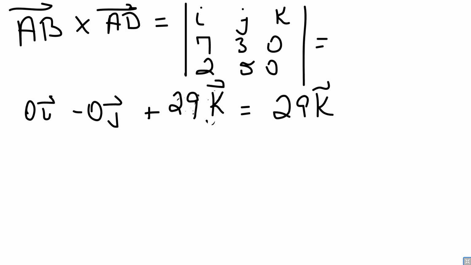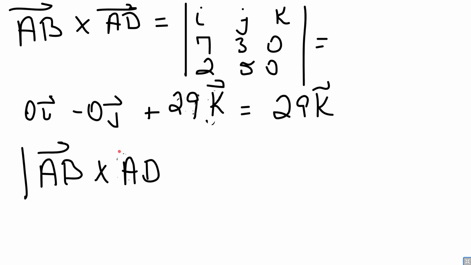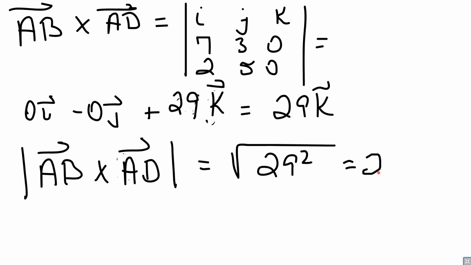The last thing we need to do is find the magnitude of the cross product. If we find the magnitude of this, we end up with the square root of 29 squared, so we get that the area is going to be 29.